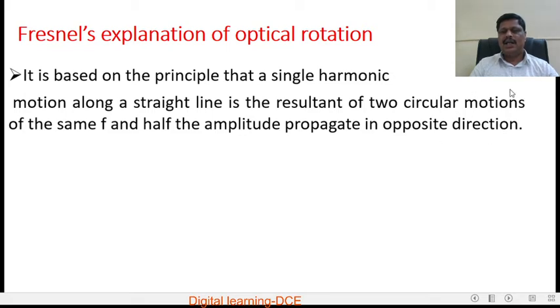One is in the clockwise direction, or towards the right, and the other one is in the anti-clockwise direction. They rotate with the same frequency in opposite directions, each having half of the amplitude of the one wave.